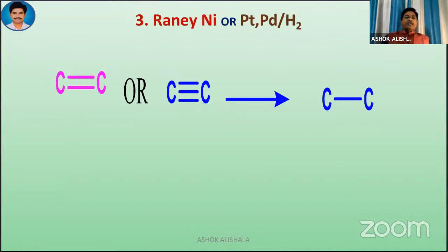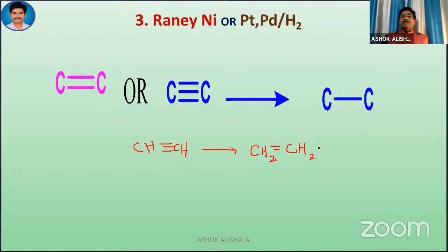Any compound you take, suppose you take acetylene. What happens? Acetylene contains three bonds between the carbon atoms. First, it converts into the ethylene compound, that is, the first double bonded compound, and it is followed by ethane.